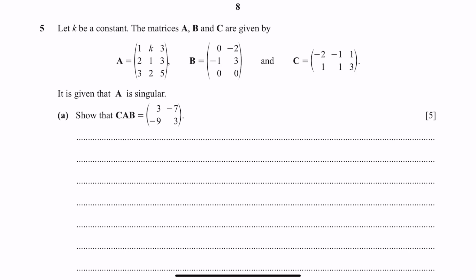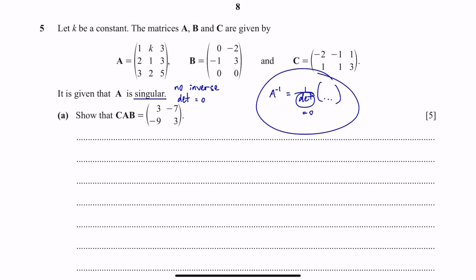For question 5a, it says that A is singular. That means there's no inverse for A. And that means the determinant of A equals 0. Because the inverse is 1 over the determinant times something something, right? So when this is equals to 0, this whole thing doesn't exist.